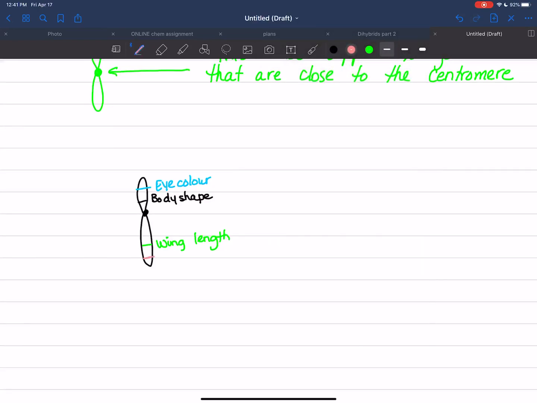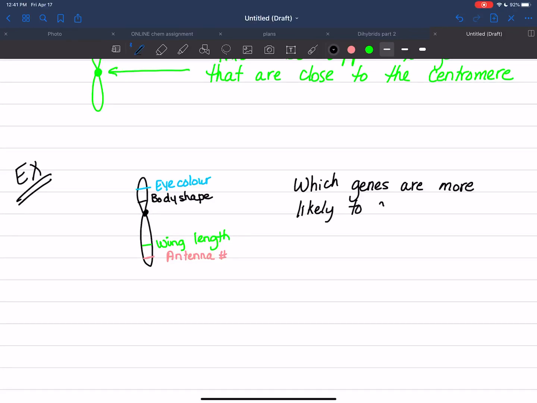Let's go for antenna number. We might have different numbers of antennas for flies. So let's say that we have that. And then the question would have been, which genes are more likely to cross over? Okay, so what does that mean? Which genes are more likely to end up on different chromosomes, to get separated?